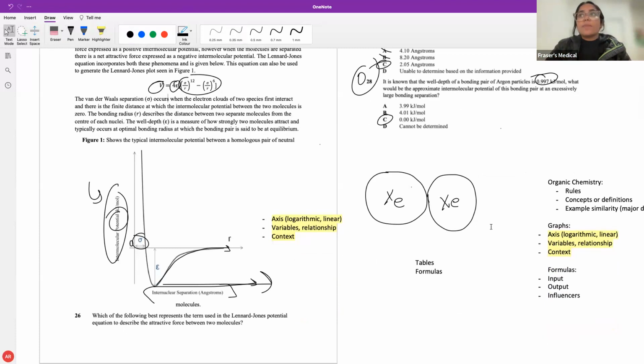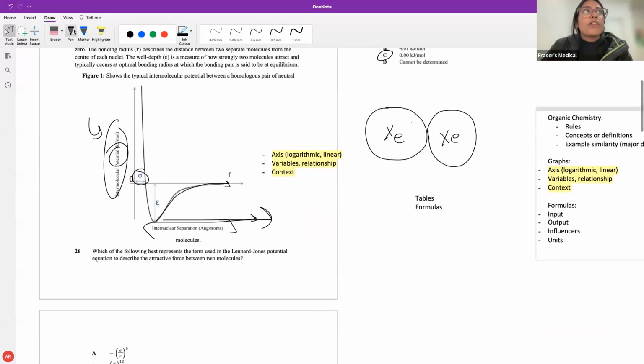The other really important thing is units. Sometimes units help you create a formula in and of itself. You can use that when the question is testing your ability to synthesize relationships from a given paragraph. The paragraph might say, in more complex terms, when A increases, B decreases.